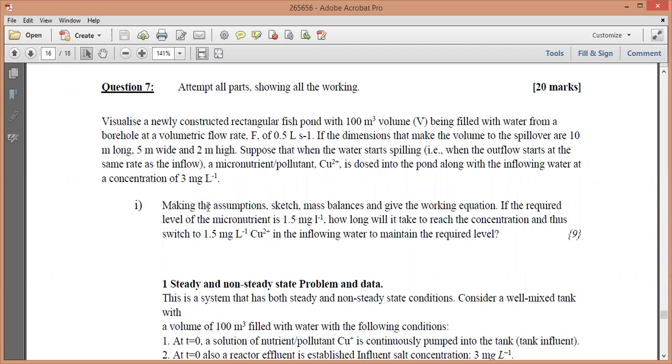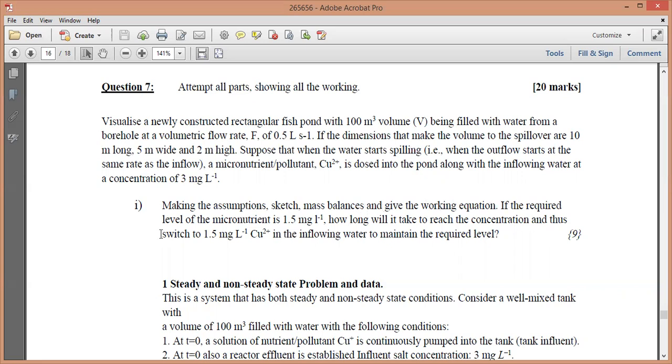So the question says, making the assumptions, sketch, and mass balances, give the working equation.